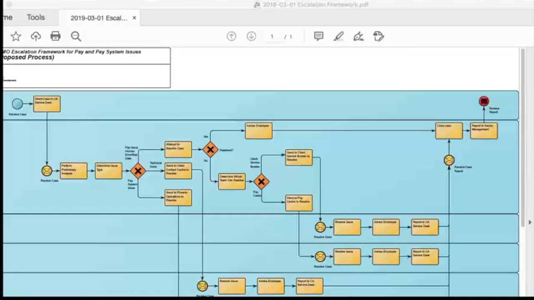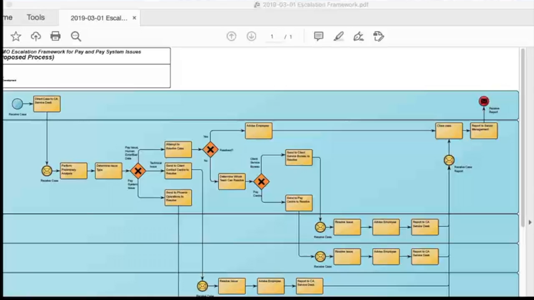The ISO is 19510, although it is maintained by the Object Management Group as a specification. So it is ratified as a standard for business process modeling, and it's basically a flowchart.